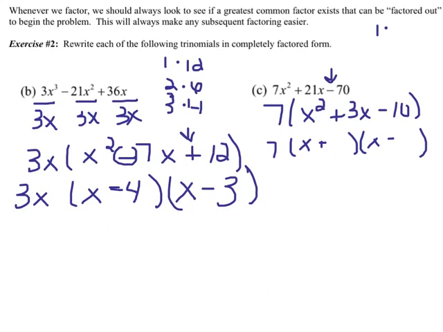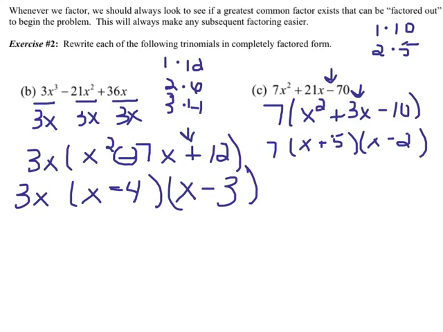My factors of 10 are 1 times 10, 2 times 5. So I have a plus and a minus, so I need a difference of 3. And my 5 and 2 are a difference of 3. So my first is the highest, is 5. My second term is 2. And this is my completely factored form for that trinomial.